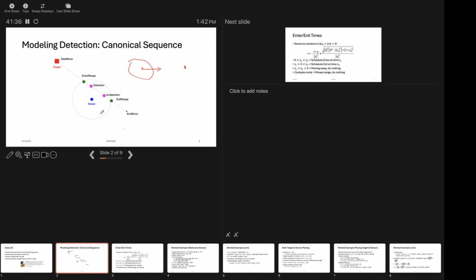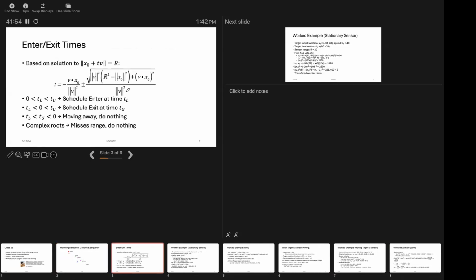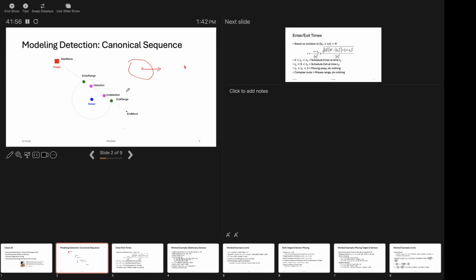Think of it as a cookie: as soon as you step in, you get detected, and as soon as you step out, you lose it. In practice, that's not the way actual ones work. The people who work in the theory of this like cookie cutters because the math works out really nice. And it's useful to have because it's fairly straightforward.